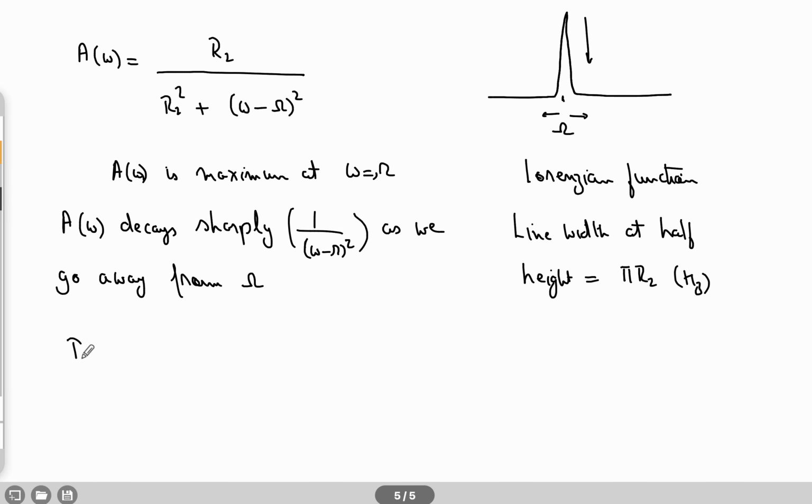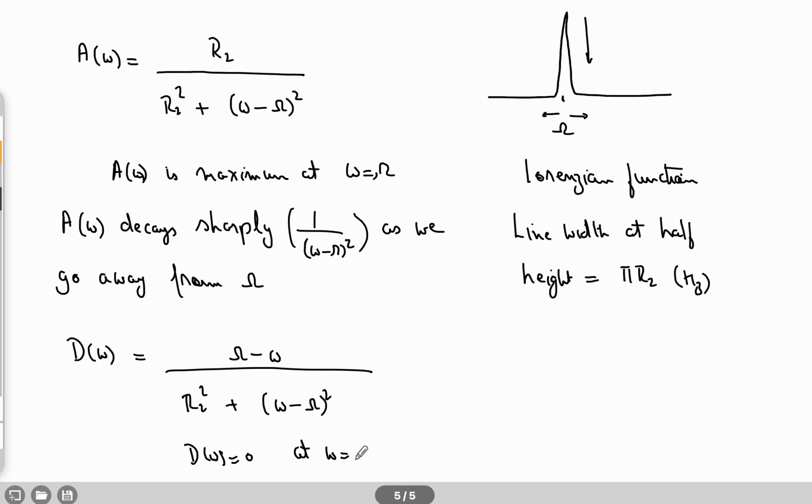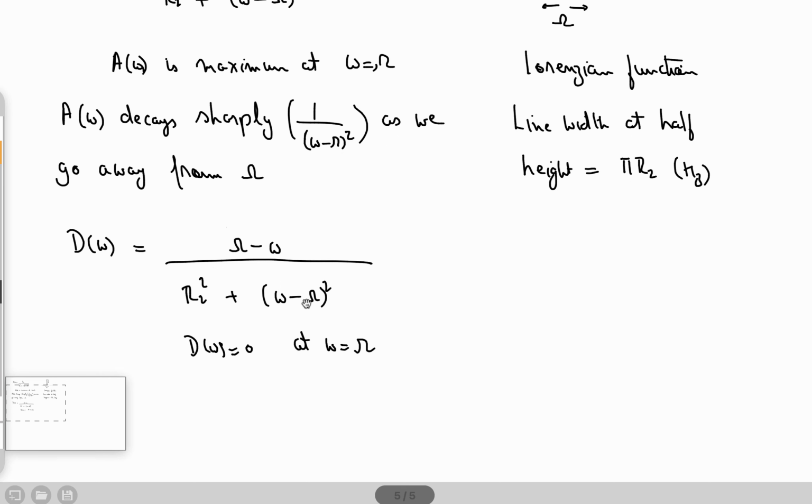Okay, now what happens to the dispersive part? So the dispersive signal has the form, not R2, sorry, this will be (omega minus offset) over R2 squared plus (omega minus offset) squared. Okay, now you see that the function D(omega) is actually 0 at omega equal to offset, and it decays as you move away from offset.